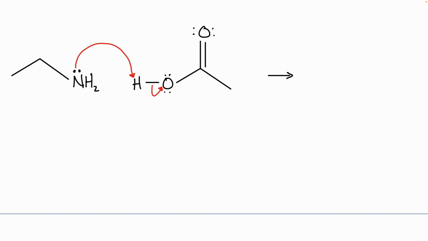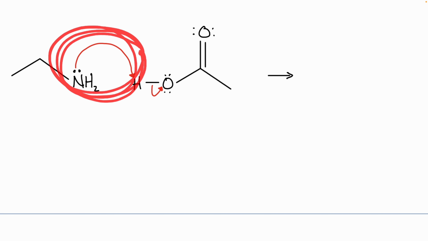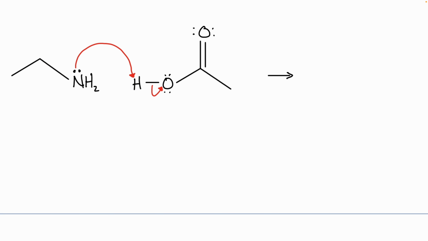All right, so now we got 2 arrows going on here. Let's look at this first one. What is this one doing for me? Bond breaking or bond formation? So this will be a new bond here. So this one's a formation arrow. And what about this one over here? Bond breaking or bond formation? This one would be a bond breaking arrow.